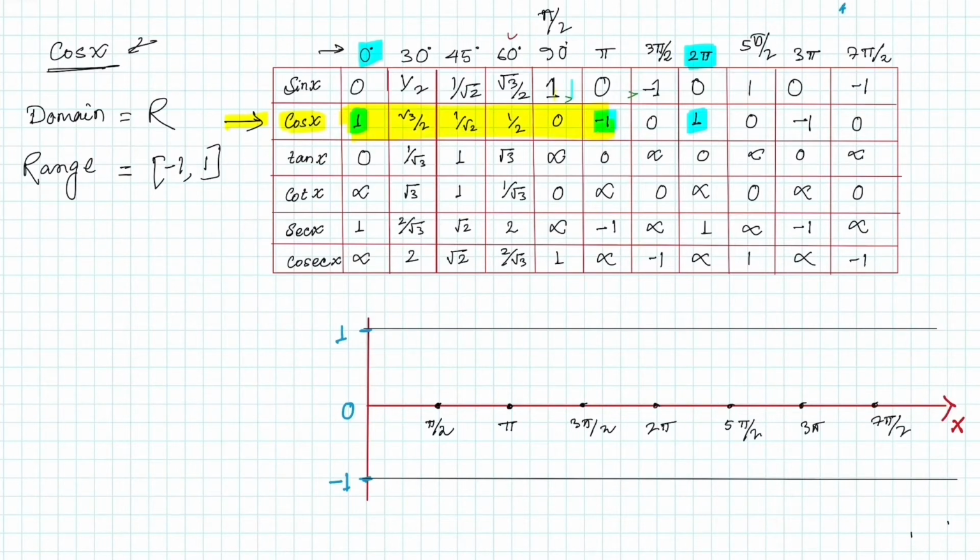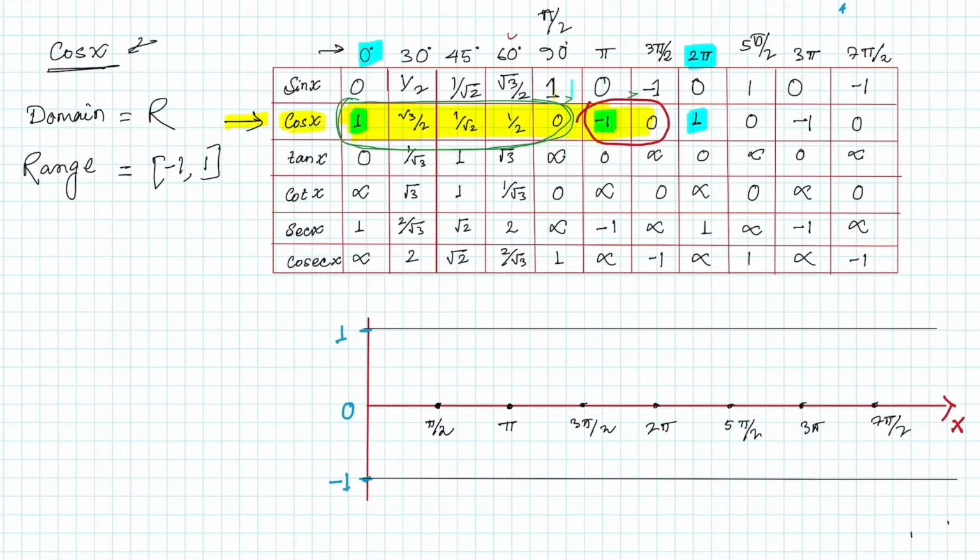Here also, in the region from minus 1 to 0, the values are greater than or equal to minus 1 and less than or equal to 0. Then again in this region, from 1 to 0, values are less than or equal to 1 and greater than or equal to 0.